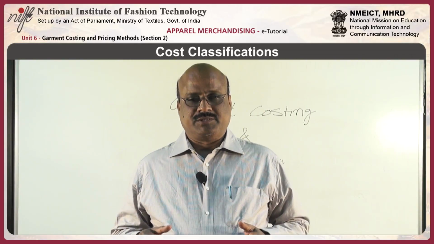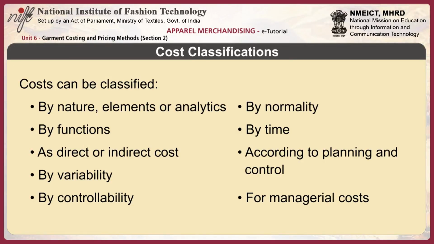Cost classifications. Costs can be classified by nature or by elements or analytics. There can be various ways in which costs can be classified. It can be classified by functions. It can be classified as direct and indirect. Costs can also be classified by variability. They can also be classified by controllability.